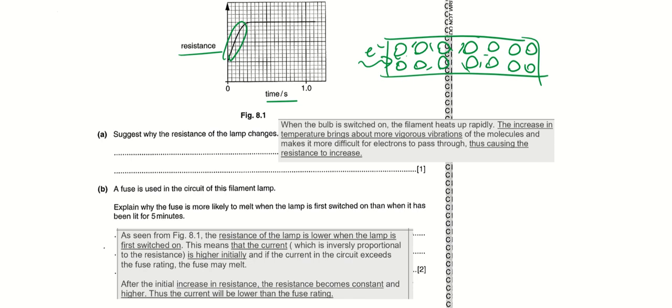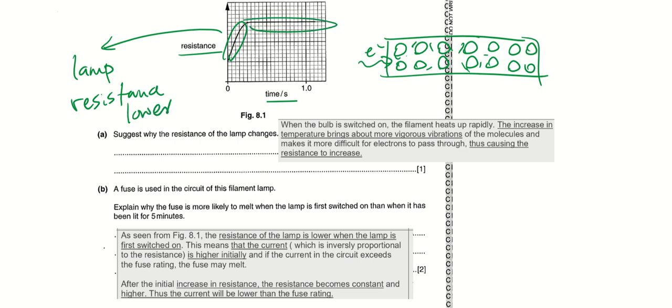This is the resistance-time graph for the lamp. If I compare to this part where it stays stable, the resistance is the same after this certain time. So initially the lamp's resistance is lower, so V equals IR.